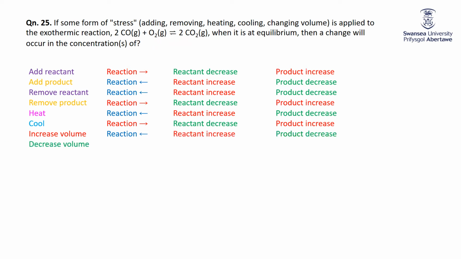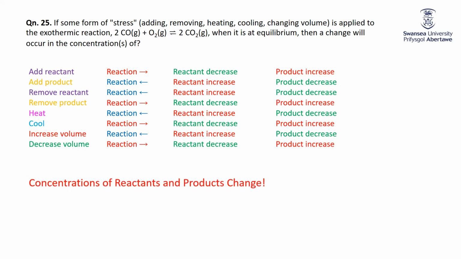We know what that does. Decreasing the volume is the same as increasing the pressure. The reaction wants to decrease the pressure, which means it makes fewer molecules, which in this case goes to the right. And we know what that does. So in other words, any of those stresses is going to change the concentrations both of reactants and products.